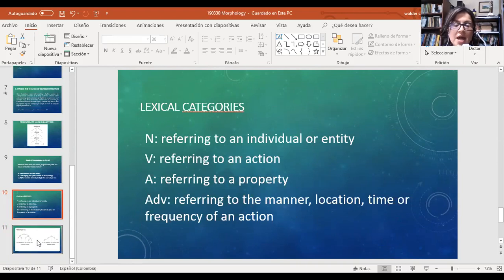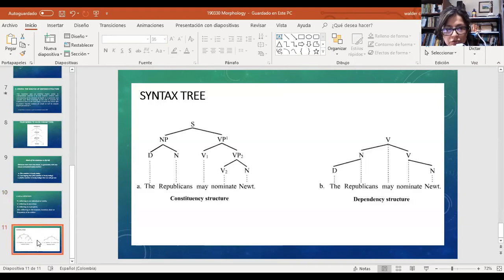So here we are going to see today an introduction to syntax trees. What is the meaning of S? If someone can tell me. The meaning of S is sentence. A sentence is composed of a noun phrase and a verbal phrase.